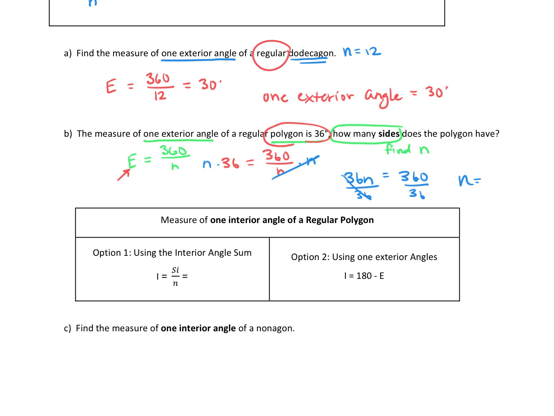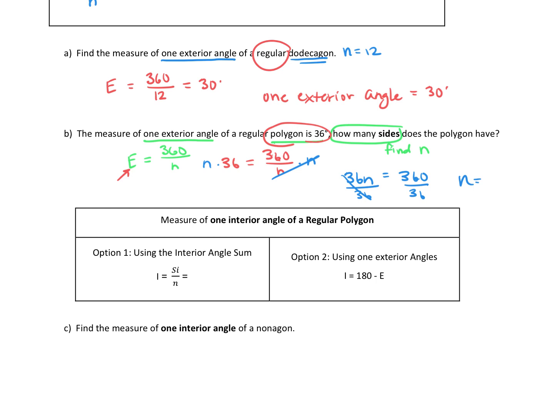Something to keep in mind when you're solving for the number of sides: decimal answers are not possible. I can't have 4.7 sides of a polygon. I can have 4 sides or 5 sides. So if I take 360 divided by 36 and it doesn't divide perfectly, I have made a mistake somewhere if I'm trying to find the number of sides.